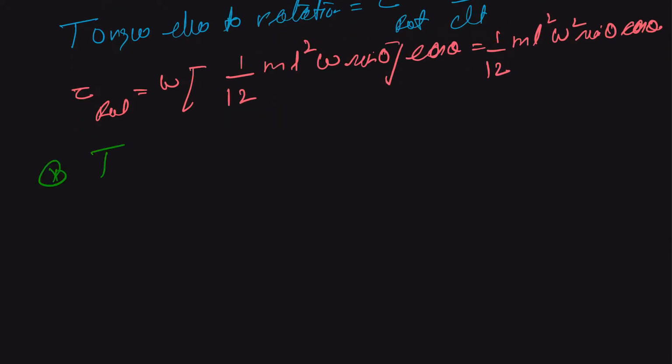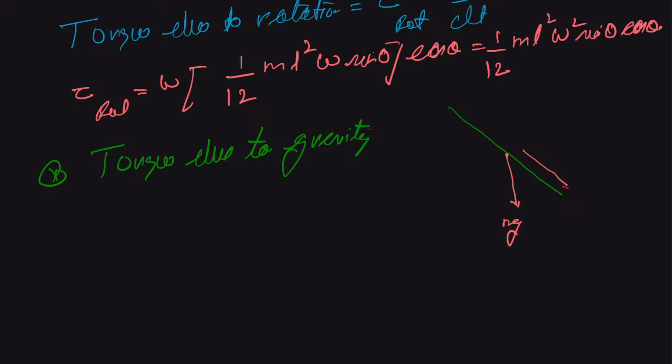So we can say our torque due to gravity. Okay. And so we are going to have this mg acting in the downward direction, and this distance is our L by 2.